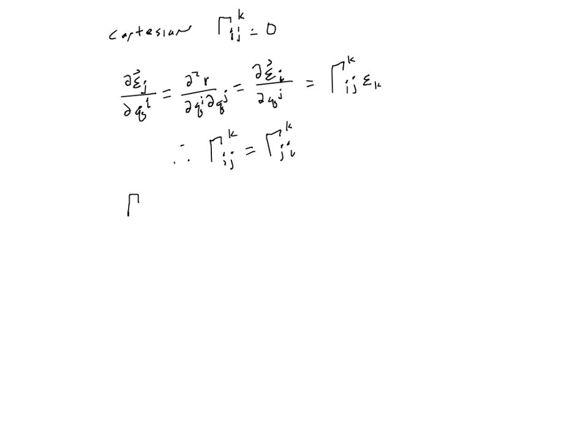And what you'll often see in literature is that the Christoffel symbol would be written like this. And what that is, is basically taking the metric term and contracting it with the Christoffel symbol.